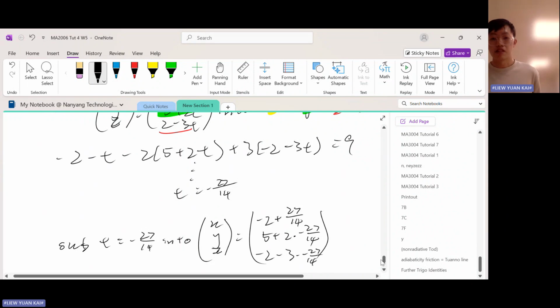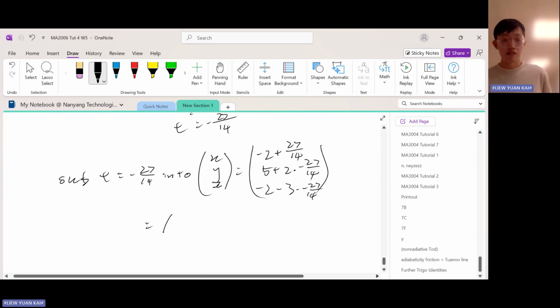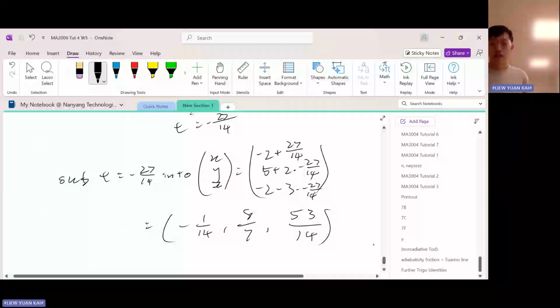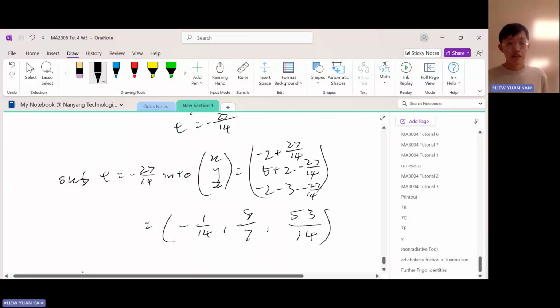Then you will get the coordinates, which are this. So that's how you solve this question.